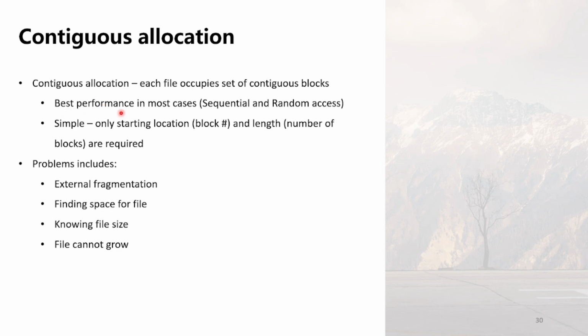Therefore, it supports both sequential and random access methods. We can directly jump to the starting point of the file and read the file data either randomly or in sequence. Since it only requires recording the file's starting position and size, its directory structure is the simplest, requiring only 2 integer numbers.